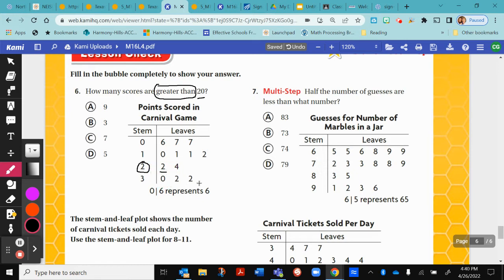So is that greater than 20? If you get confused, just go ahead and put greater than 20. Is 22 greater than 20? There you go. So I'm going to have one number, 2, 3, 4, 5. There's going to be 5 numbers that are greater than 20.